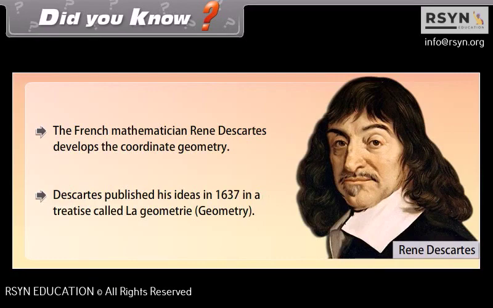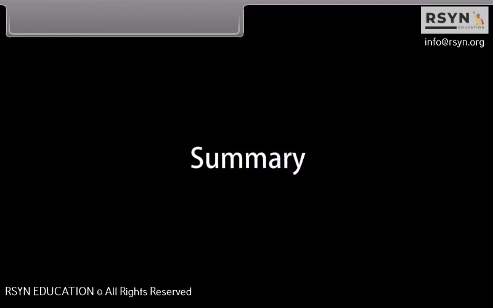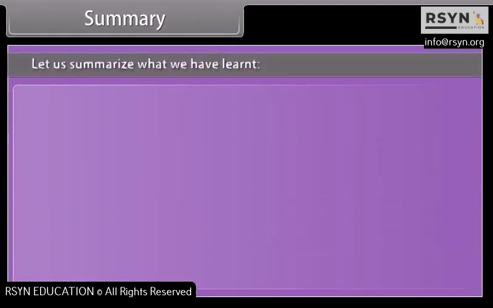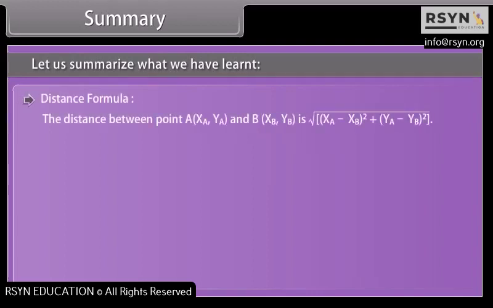Summary. Let us summarize what we have learned. Distance formula: the distance between points A XA, YA and B XB, YB is under root of XA minus XB whole square plus YA minus YB whole square.